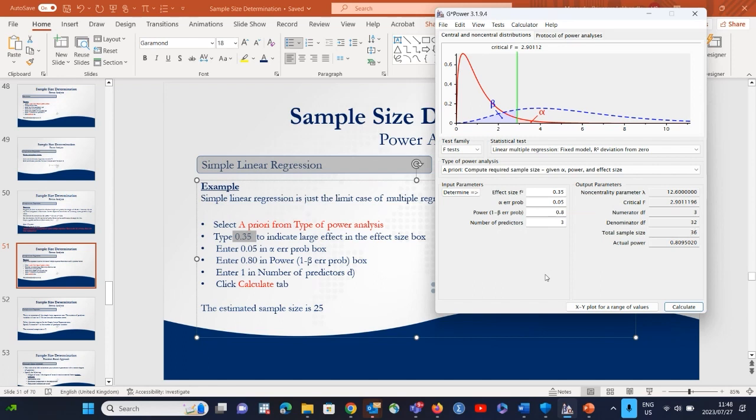And with regression, you see, I've moved from simple to multiple. So if your study is doing multiple linear regression, I think you've already seen that you can use this, and you can also do it in SPSS.